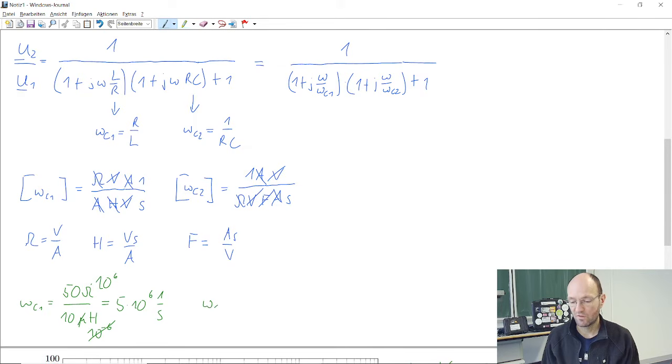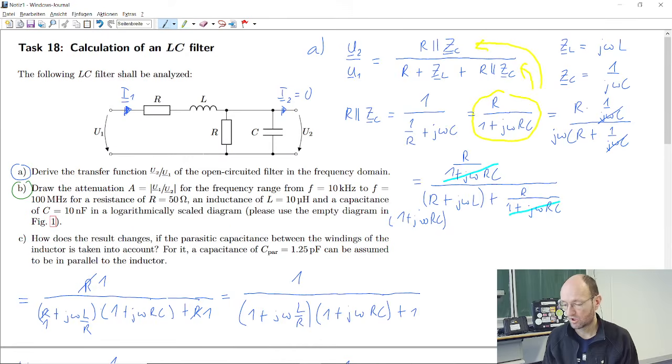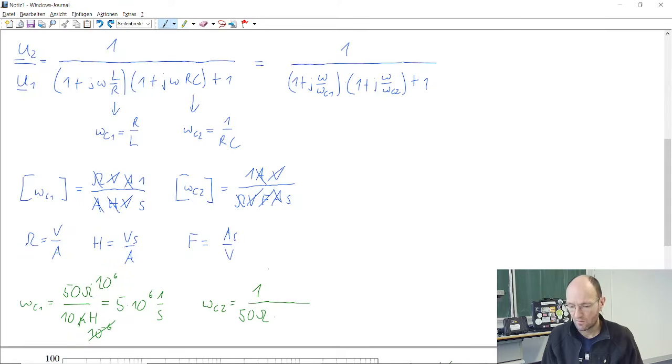And the same way we can also calculate the second corner frequency. It was 1/RC. R in this case is also 50 ohm, and the capacitance is 10 nanofarad. We already checked that ohm and farad will also give seconds.